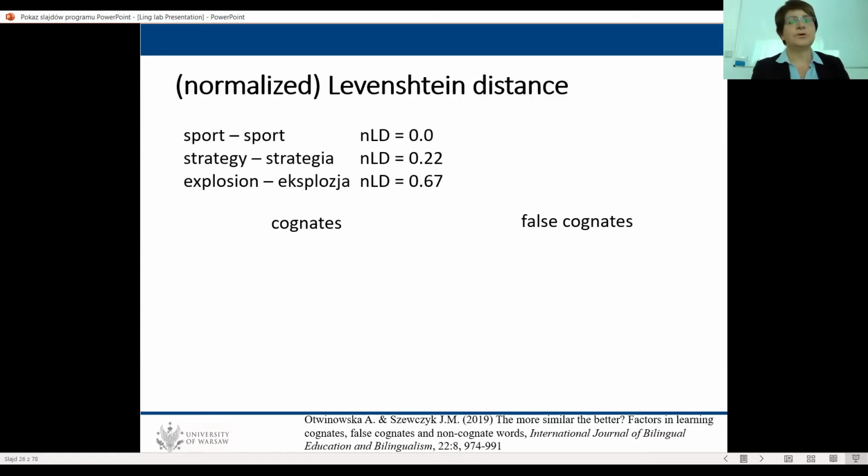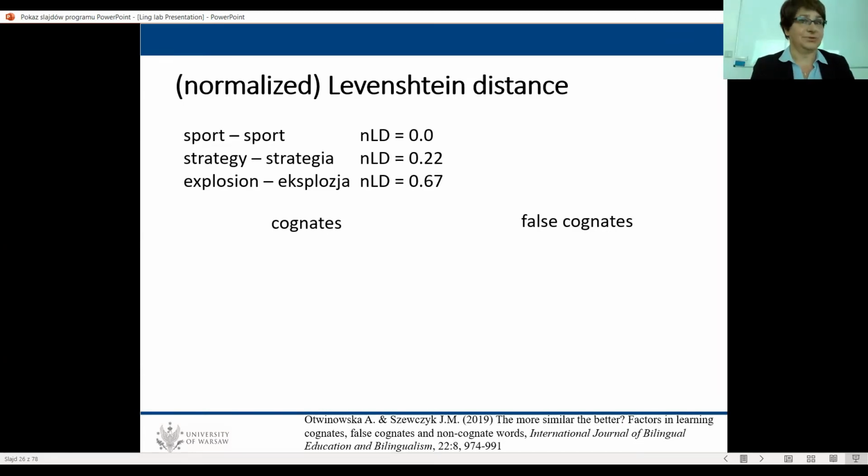For instance, in the case of sport, the Levenshtein distance is 0. Here it is the normalized distance, because we also take care of how long the word is. It's 0 for strategy and strategia. It will be slightly larger, but for explosion and explosia, it will be even larger than that. Basically, Levenshtein distance calculates how many letters have to be inserted, deleted, or changed in order to rewrite one string of letters onto another.